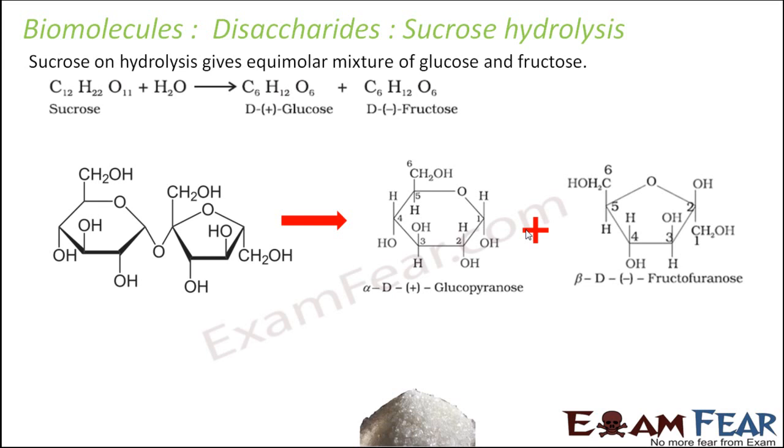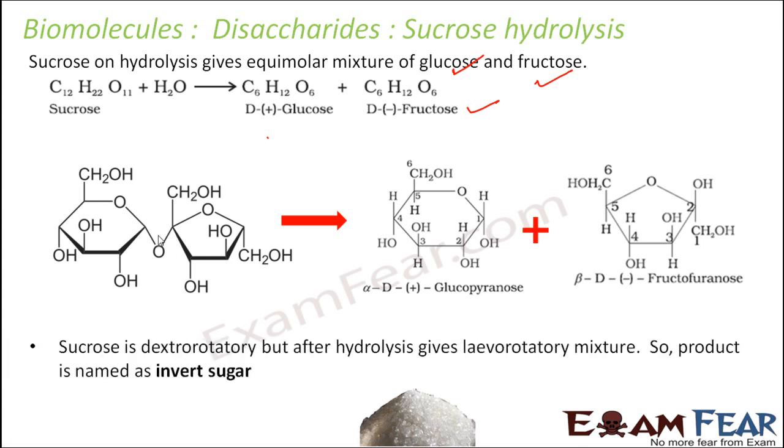On hydrolysis, sucrose gives an equimolar mixture of glucose and fructose. When sucrose is hydrolyzed, that is when water is added, the glycosidic bond is broken down and it gives glucose and fructose. Sucrose is dextrorotatory, but after hydrolysis it gives a levorotatory mixture. Both glucose and fructose are levorotatory.